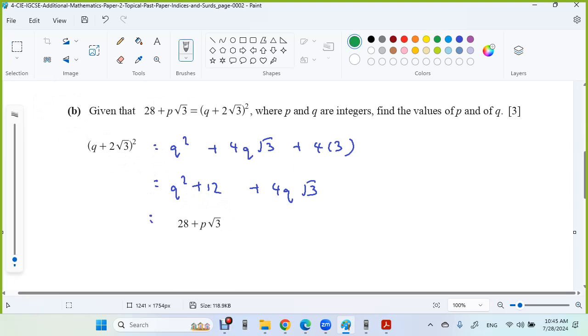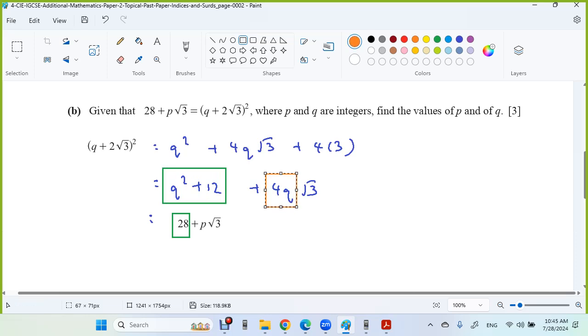So we compare the part without square root, and we compare the part with the square root. So from here we know that q square plus 12 is 28.